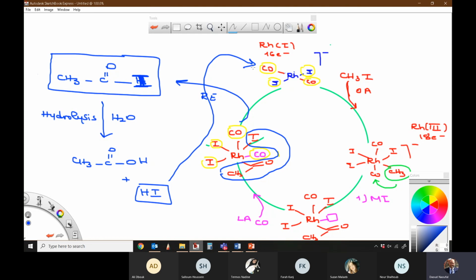And if we write the hydrolysis of CH3COI, we obtain CH3COOH, which is the acetic acid, plus HI. This HI will play the role of the co-catalyst at the starting, so we have regenerating of the catalytic cycle. So these are the steps proposed in the Monsanto process.